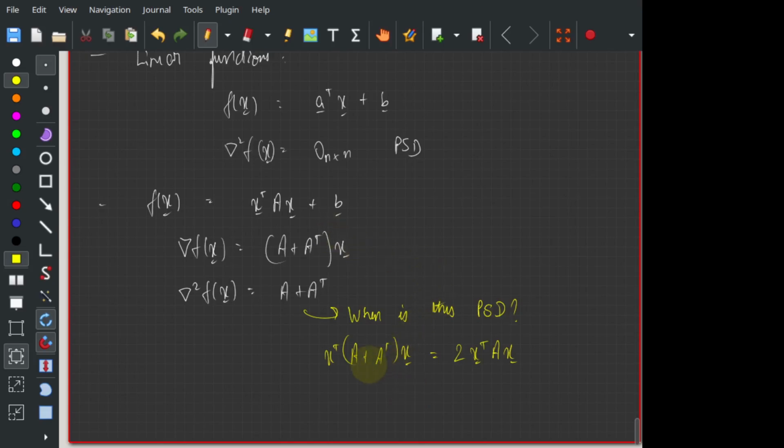So if A plus A transpose is PSD, then x transpose times A plus A transpose times x is always greater than or equal to 0 for all x, which means that x transpose Ax should also be greater than or equal to 0. So A should be PSD.